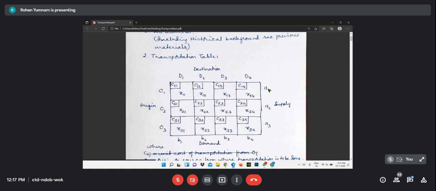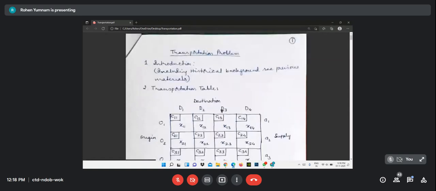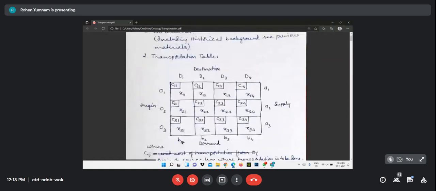So suppose this is 2 and this is 5. X11 will be 2 because the minimum of 2 and 5 is 2, and you will keep 2 here. In that way it continues. After taking out 2 from 5, 3 is remaining. Then for the next step, it will be considered as 3.